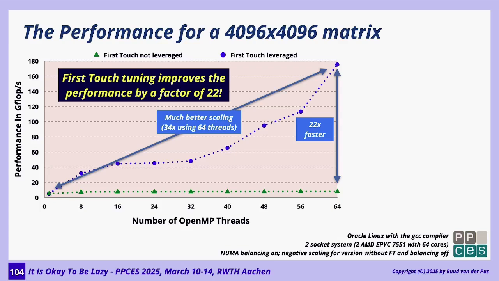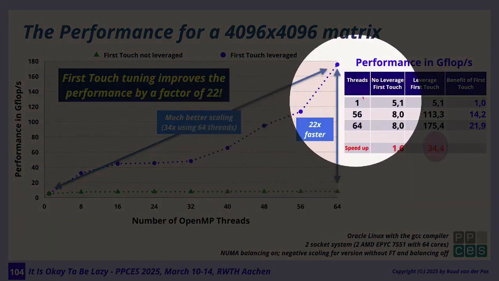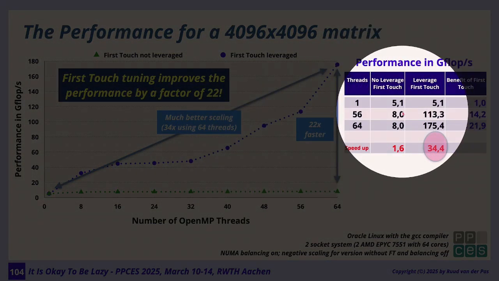So altogether, compared to the best one that I had here, it's more than 20 times faster. When you look at the breakdown of the numbers, it's kind of interesting. In this little table here, I have single thread, I get the same performance. First touch optimized or not, doesn't matter because there's no parallelism.